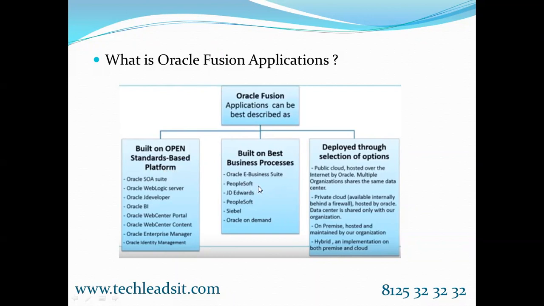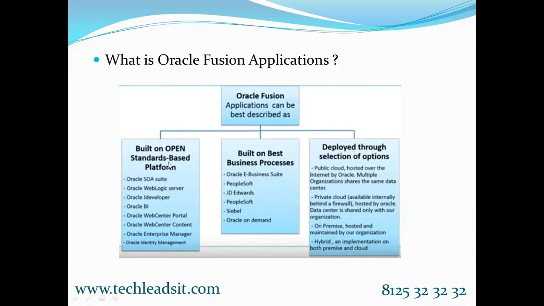Earlier, we had certain business processes, like PeopleSoft for HCM and E-Business Suite especially for financials. These were individual applications providing the business services, whereas in Fusion application, these platforms and business processes come together, and we have all the business services in this one application, called Fusion.